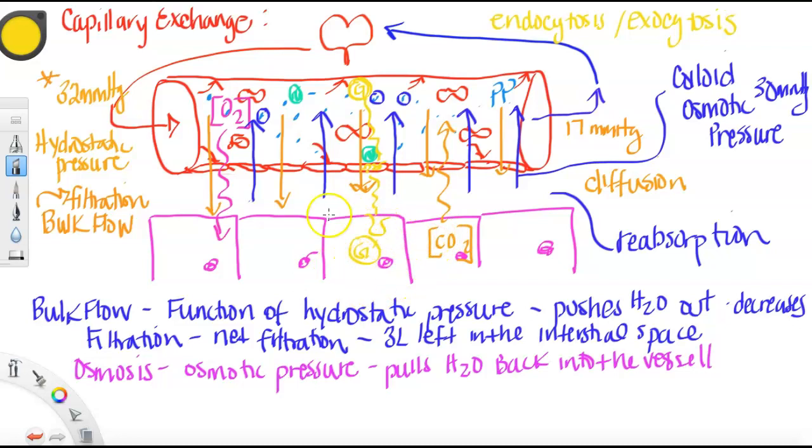So the last thing about this is the fact that there are 3 liters of fluid left in the interstitial space. If 3 liters were to stay there every day, we would just blow up like balloons. Okay, so there's got to be something that counters that, and there is.